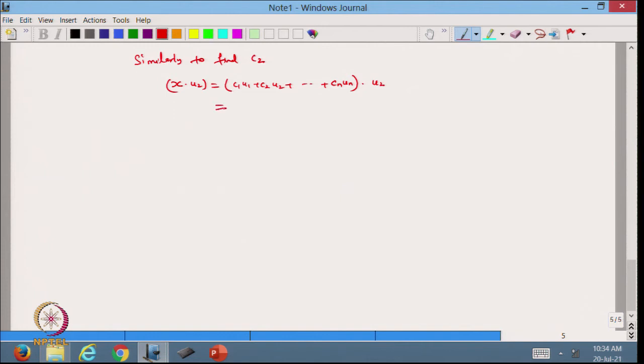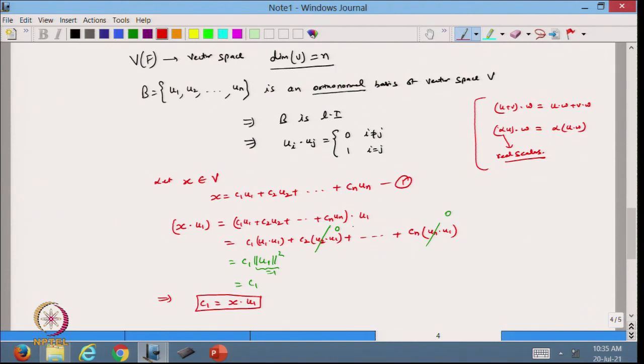Ultimately we get c2 times u2 squared, and all other terms cancel out because they are an orthonormal basis. The meaning of an orthonormal basis is that if you choose any two different vectors, their dot product will be 0, and if you take the same one, it will be 1.